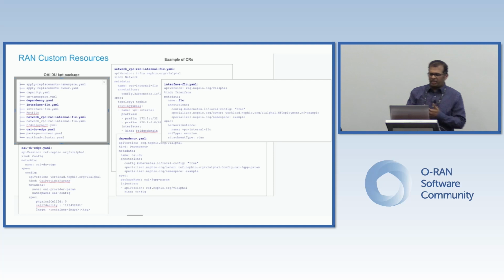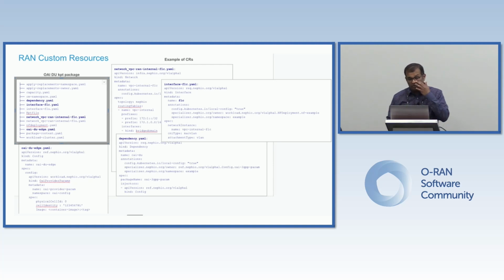So what this package primarily contains is a bunch of CRs, which is highlighted here, like the dependency CR, the interface CR, the network CR, and the config CR. So what this includes is primarily information that is required by the operator that's working in the workload cluster to finally render their manifest for deployment within the network function itself, within the workload cluster.